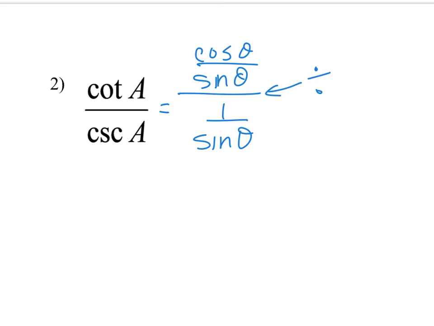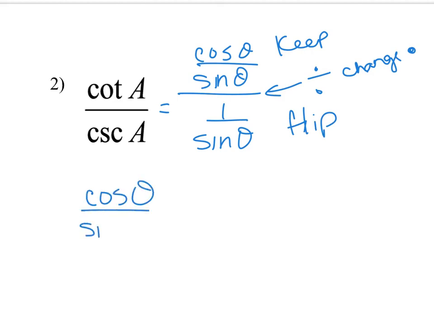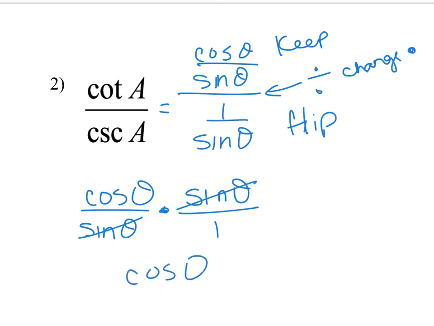Remember, when we're doing division, it's keep, change, flip. So keep this the same, change division to multiplication, and flip 1 over sine. Now these cancel out, and I'm just left with cosine.